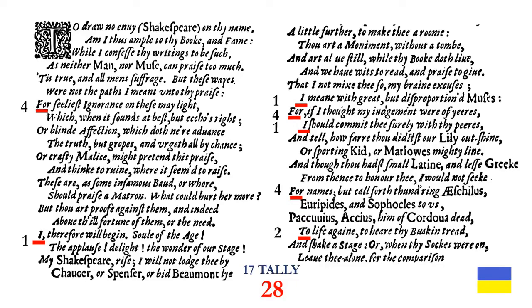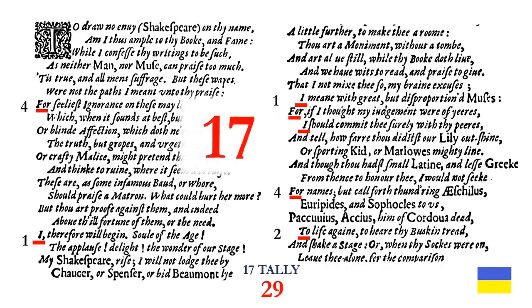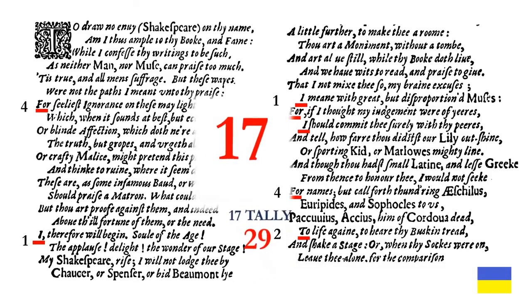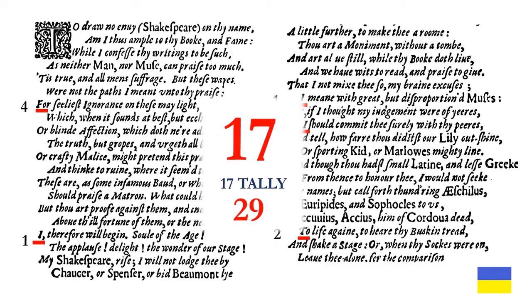Homophone for 2. Once again, if we add up all of these, as we do in a numbergram, as I call them, we find the total is 17. Our 17 tally is now at 29. 29 times we can get the number 17 out of this poem by simple counts and gematria sums.